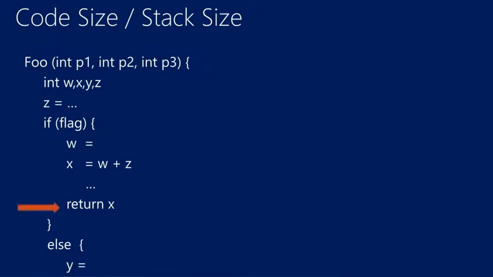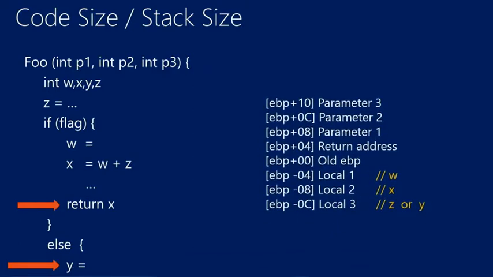But if you look, that's going to shorten the lifetimes for a couple of things. And if you see Y's lifetime only begins well after that we returned if we took that control flow path. So in this particular example, what you can see is that we could save 1 stack slot and pack Z or Y into that 1 local frame.